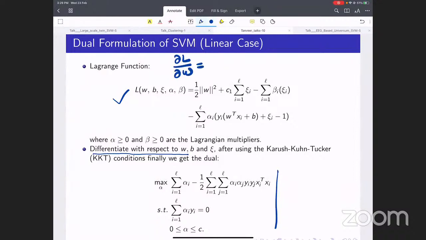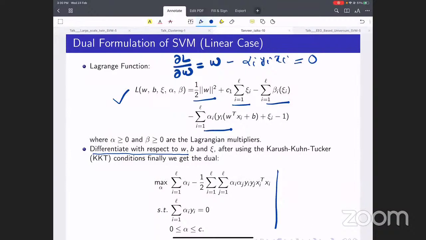For the first term, it is nothing but w only, and the other term is 0. So what comes is minus summation alpha i yi xi, and this is equal to 0.